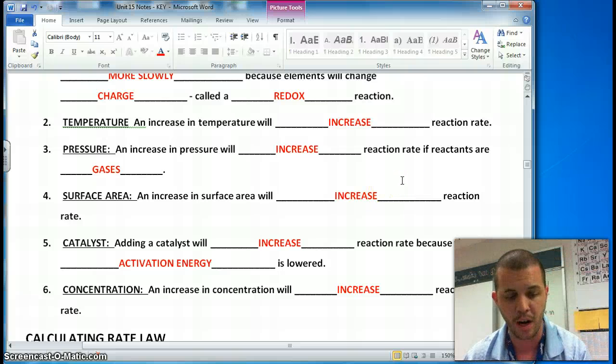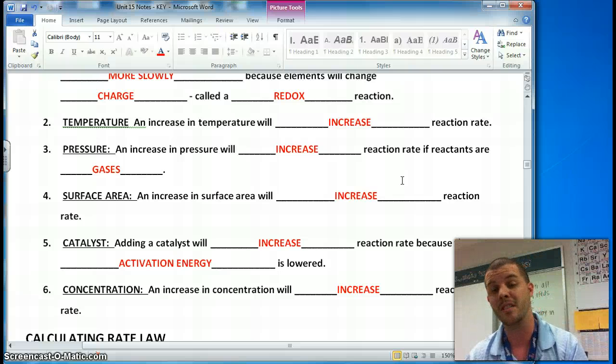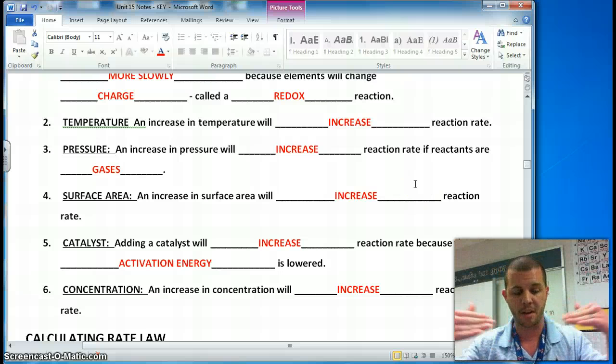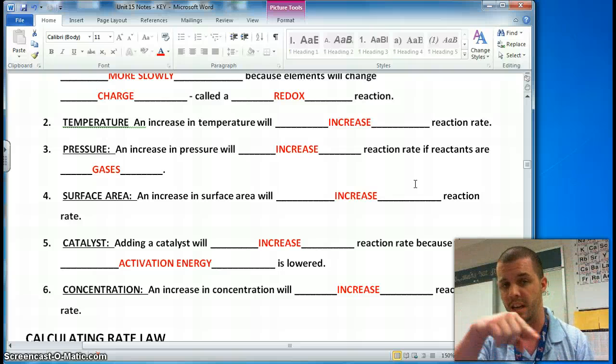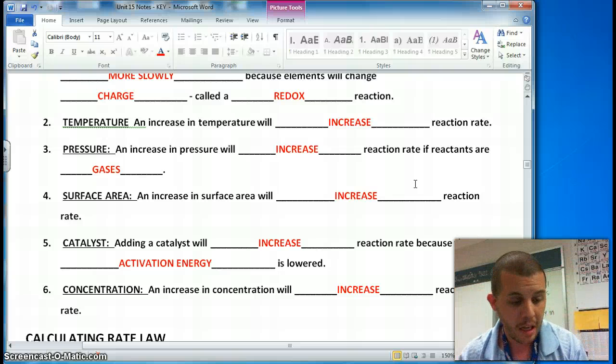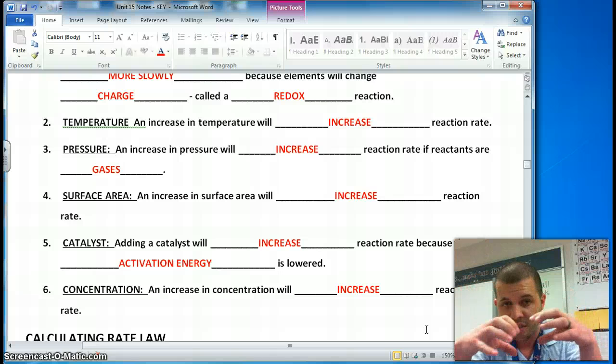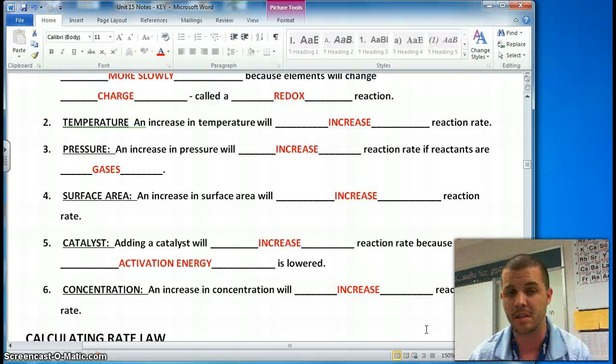You've made it to where you can have more effective collisions, because when things collide, they're theoretically going to collide with at least enough energy to get up the shorter hill. Lastly, if you increase the concentration, you're going to increase the reaction rate as well, because you've stuffed more stuff into your reactants, so now there's a greater chance for a collision to occur.